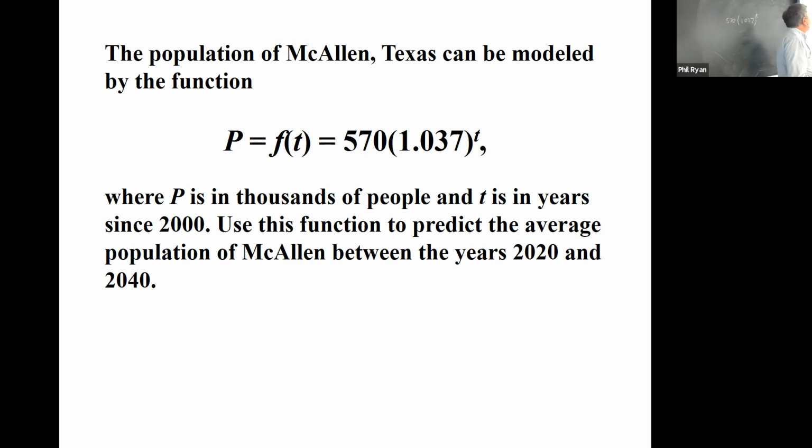We recognize it as a population function: it grows at a rate of 3.7% per year and starts off at 570,000. If we were to graph that, at t equals 0, which corresponds to the year 2000, we're at 570, and then it grows exponentially.